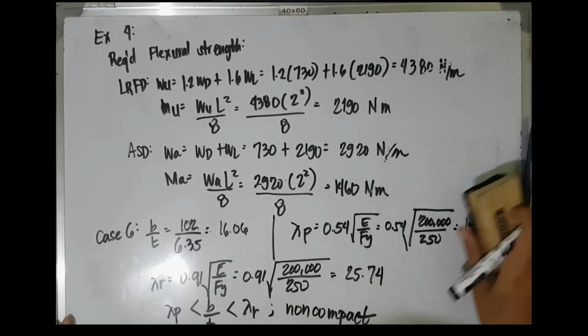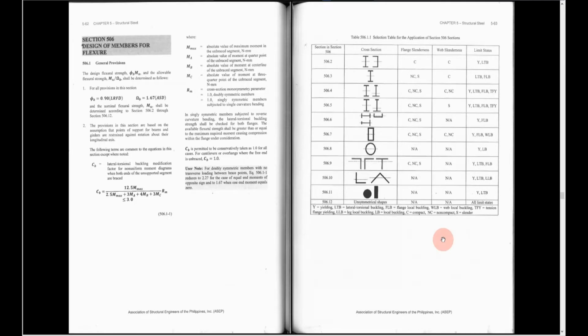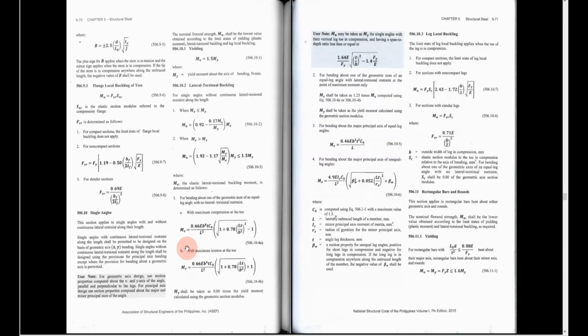So opening your NSCP again to check for the limiting state that will govern. Since it is a single angle section or member and the legs are non-compact, therefore we will use section 506.10. So for 506.10, for single angles, we will use the yielding equation for this one.